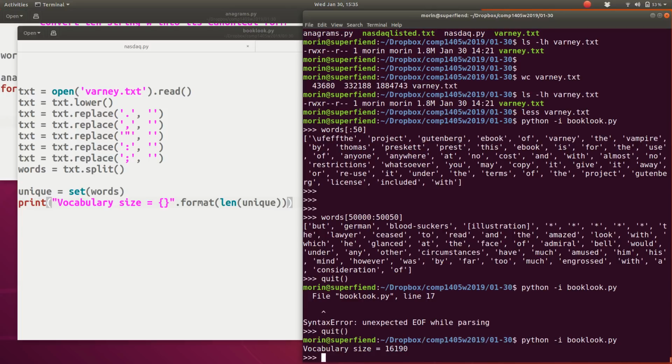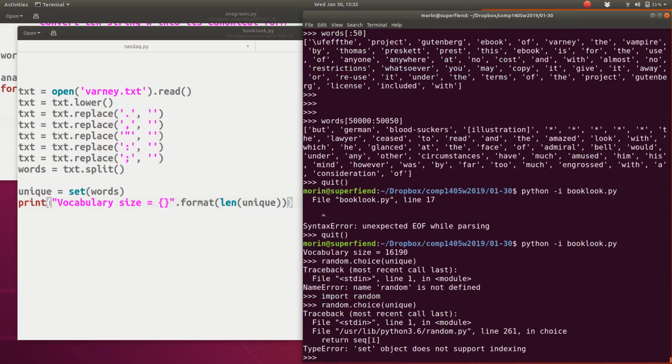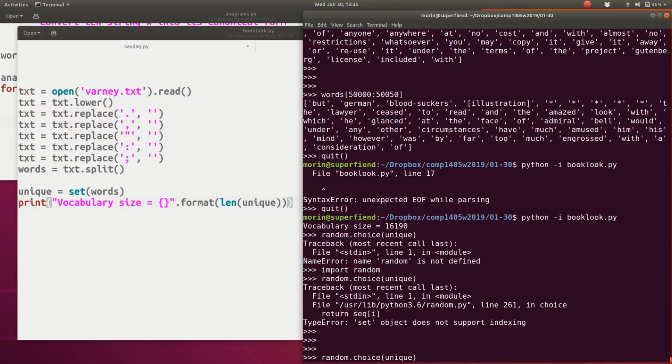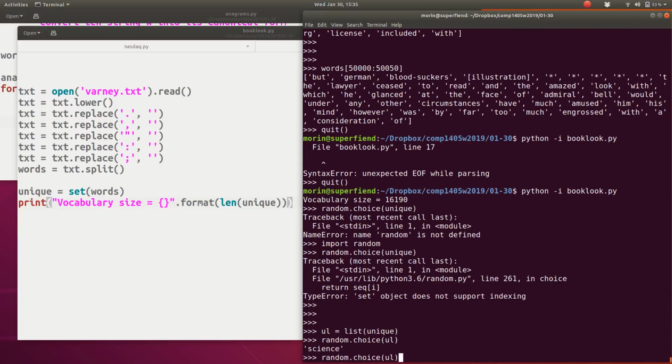All right, and we can look at a random choice from that thing, after importing random. So we make a list of those unique words and take a few random choices.